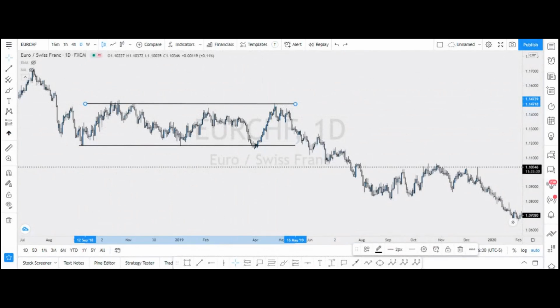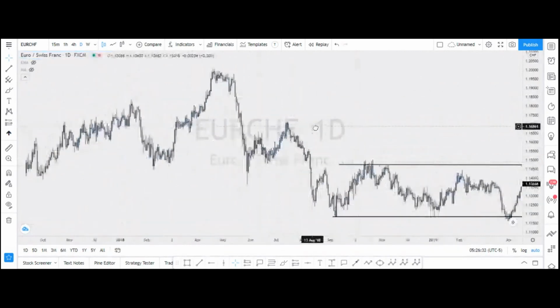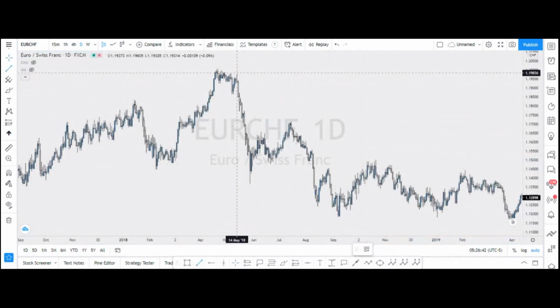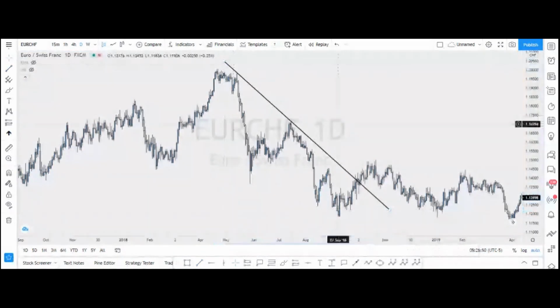Okay, great. So let's move to explaining trend lines now. Let me just delete this and delete this. Now, what type of trend line is this?